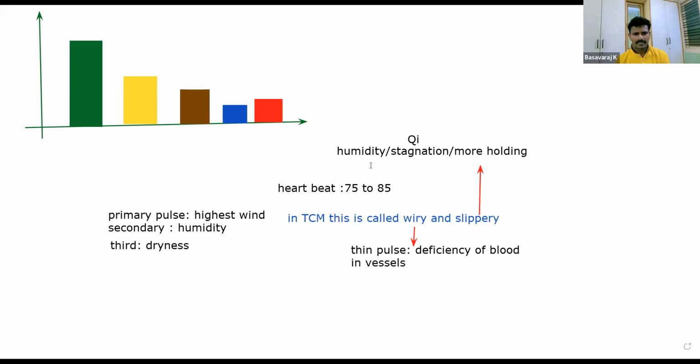Yes, Amit. The upcoming Nadiswara clearly explains what type of TCM pulse it is: wiry, slippery, deep, slow, hook, knotted, choppy.